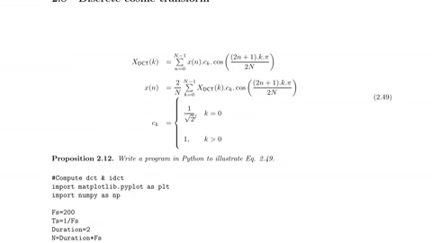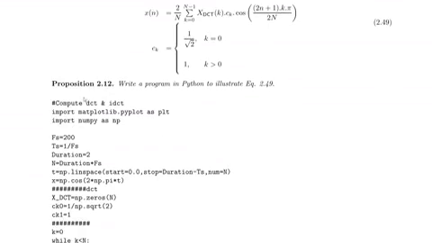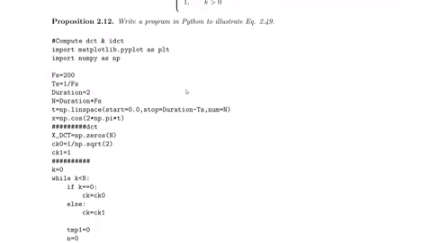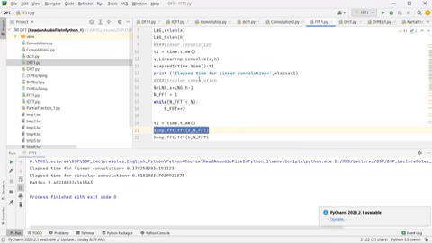What about c of k? It's equal to 1 over square root of 2 if k is equal to 0, otherwise it's 1. Now, write a program in Python to illustrate the idea about DCT from scratch.